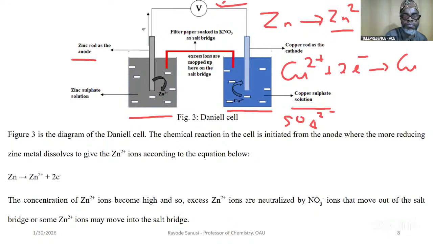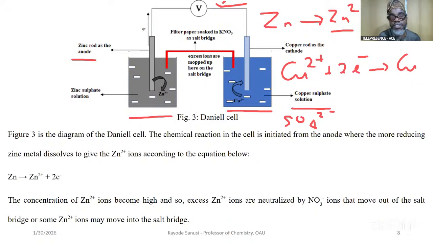So the potassium that is here will mop up this excess sulfate ion that is in the copper electrode here, and the nitrate ion that is in the salt bridge would react with the excess zinc 2 plus in order to balance the number of ions in this half cell. So the nitrate ion here will react with zinc 2 plus to mop it up, and that will maintain a balance in this half cell.